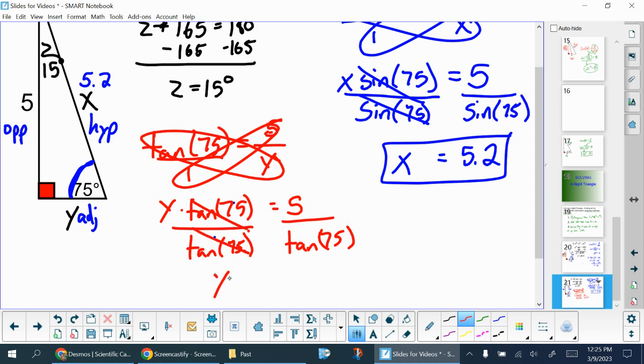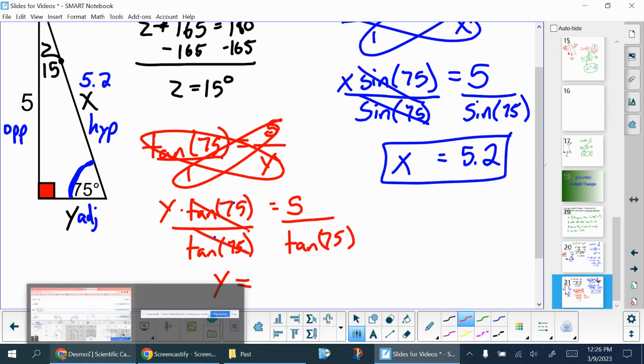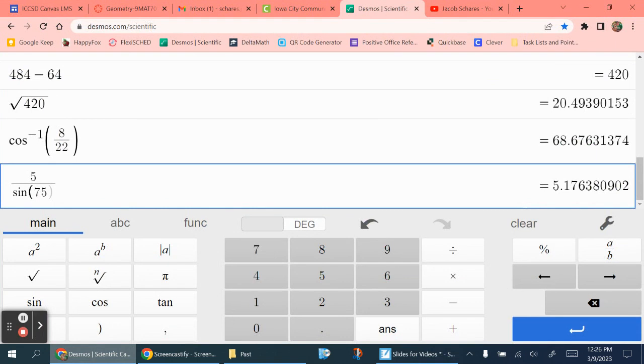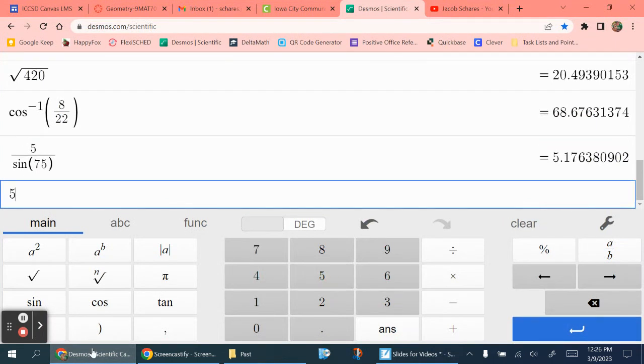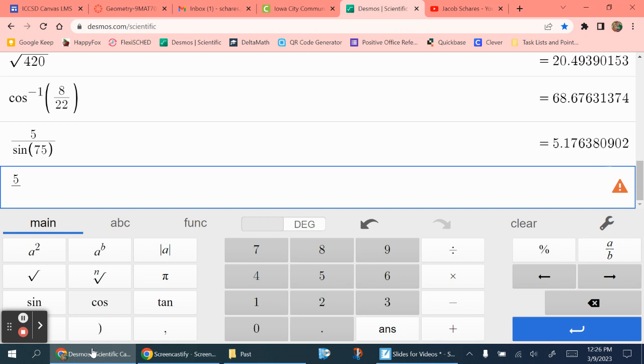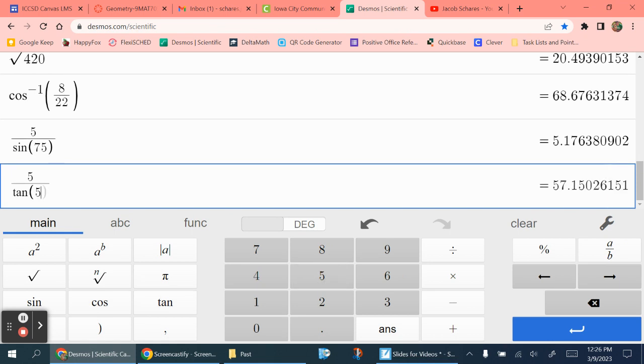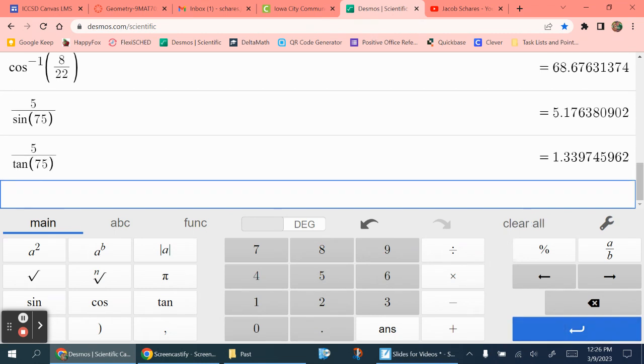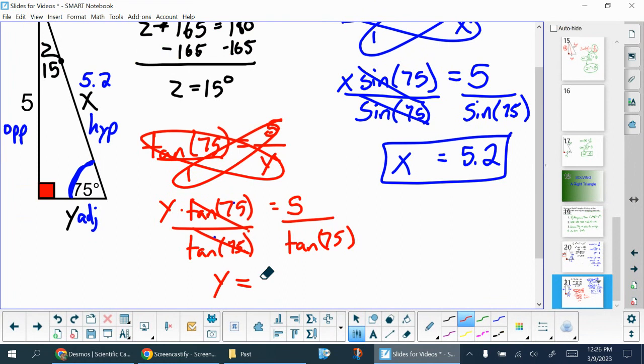Cancel that out, and I'll go type that into my calculator. 5 divided by the tangent of 75. And that says it is 1.3. So I get 1.3 there.